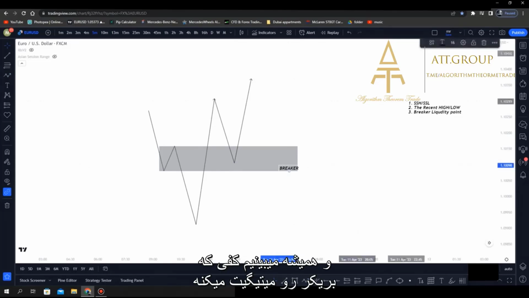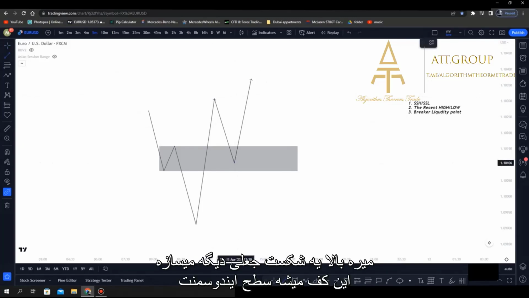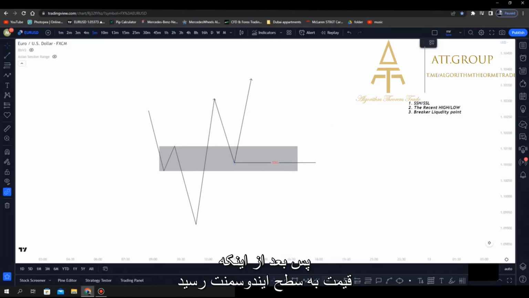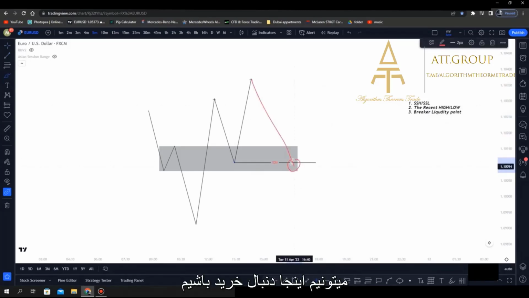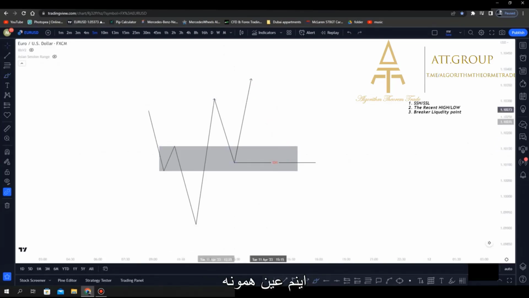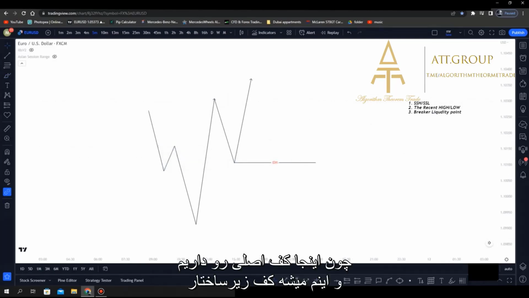So we will see this. Always the low that mitigates the breaker and creates another BOS would be inducement. So after sweep of this inducement, we can look for buys right here. But if you look at it from substructural high perspective, it's the same thing as substructural liquidity, because we got main low and we got substructural low right before the first low right here.